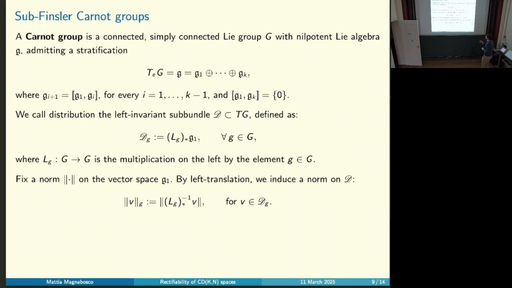So the idea is that at every point we will have a subspace of the tangent. And on this subspace we will induce a norm, so we will fix a norm on G_1, and then by left translation we will induce a norm on the distribution at every point. So the result of this complicated construction is that at every point we have a subspace of the tangent and we have a norm which is defined only on this subspace.